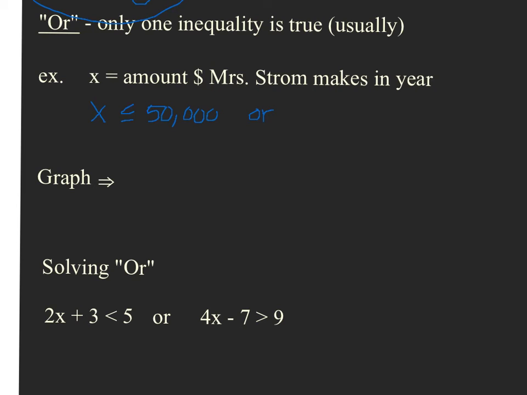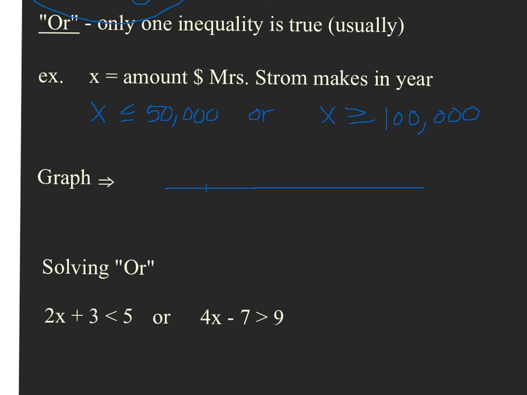Or if I wasn't a teacher, if I went into business with my degree, I could make quite a bit of money, at least $100,000. Most of the time it's going to be quite a bit more. So if you look at this, both can't be true. I can't make less than 50 and more than 100. So only one of these is going to be true, depending on which occupation I chose.